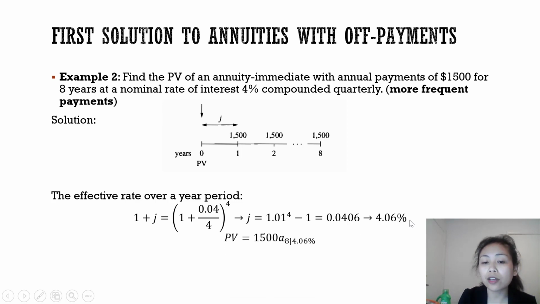And then the present value is 1,500 A8 at 4.06%, because this is basically an annuity immediate with 1,500 payments, 8 number of payments, and the interest over one payment period is 4.06%. So that's the first approach. In the first approach, we have to stay with the periods of payment, and we have to modify the periods of interest.